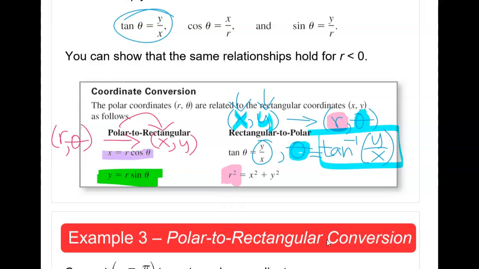So if I was to solve for r, it will be the square root of x squared plus y squared. And where are x and y coming from? Well, that's what we started with, x and y, rectangular form. So it's actually pretty simple to find that out.